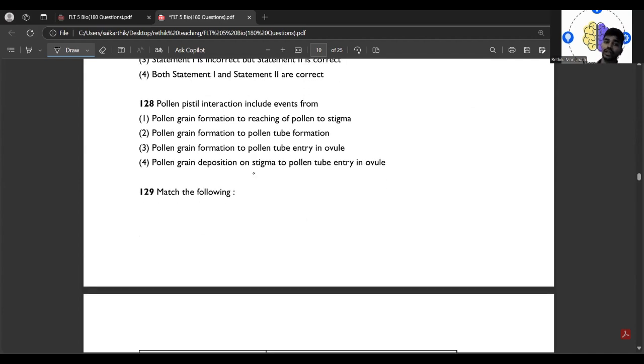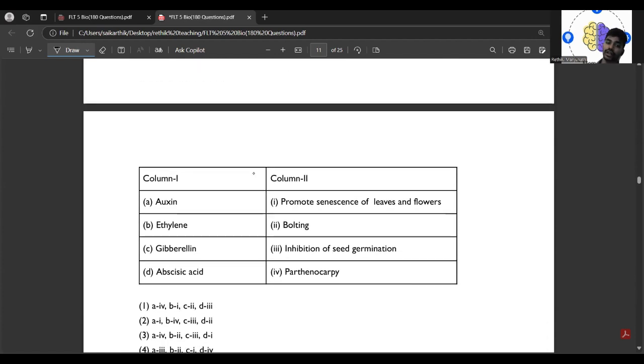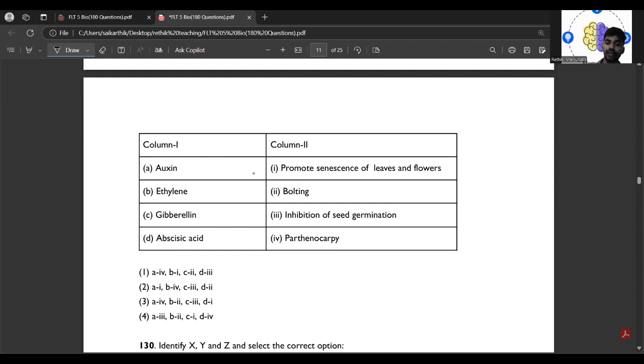So 128 is pollen-pistil interaction, which includes events from pollen grain deposition on the stigma to pollen tube entry. If you remember this diagram of pollen-pistil interaction, match the following. Okay, I'll match.